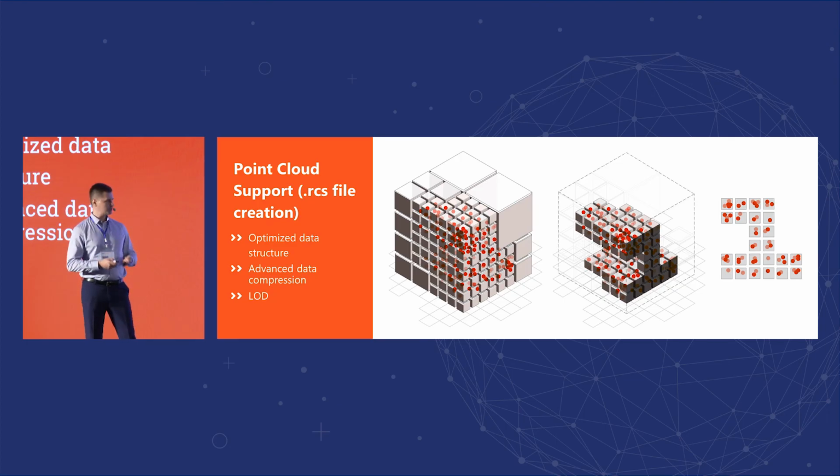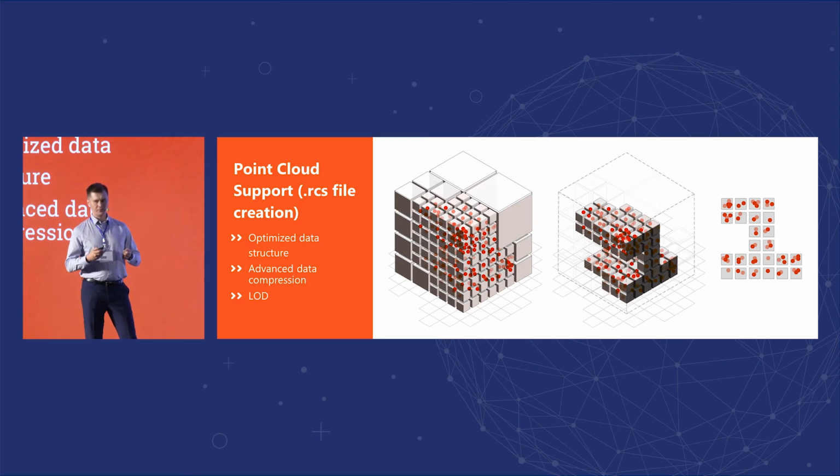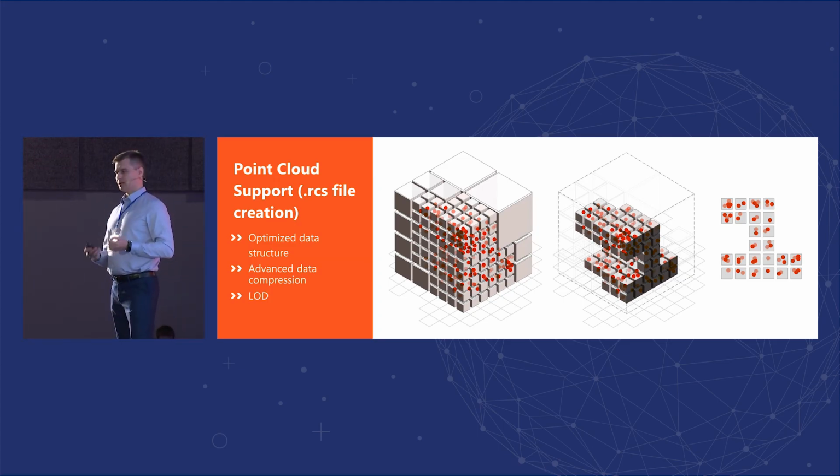That will help us to avoid the complex calculations on the fly during the actual visualization procedure. And that was also implemented. This is calculated and done at the stage of writing data to the RCS file.